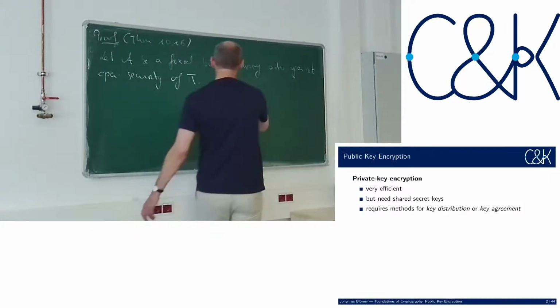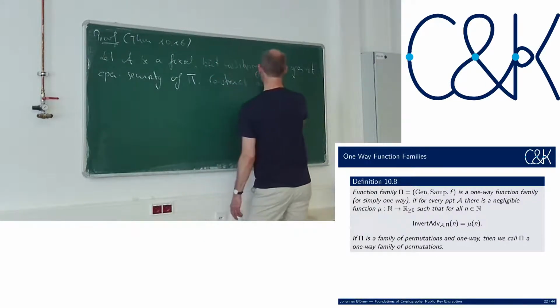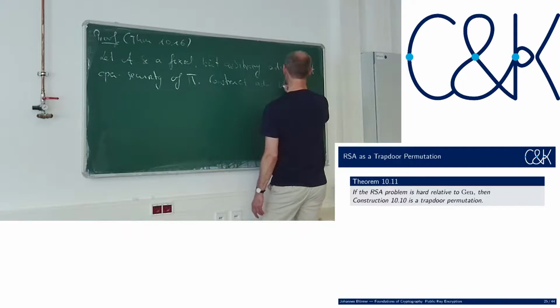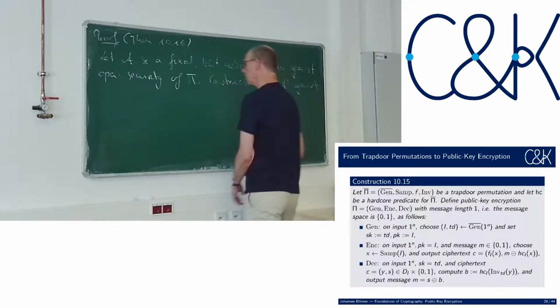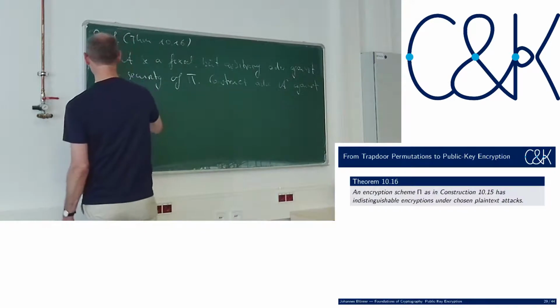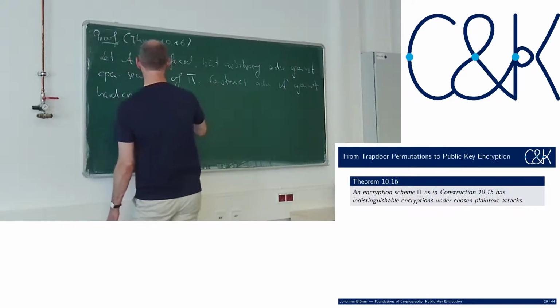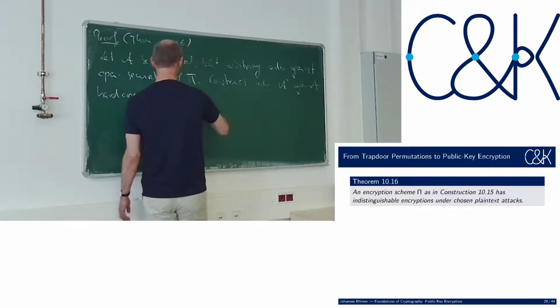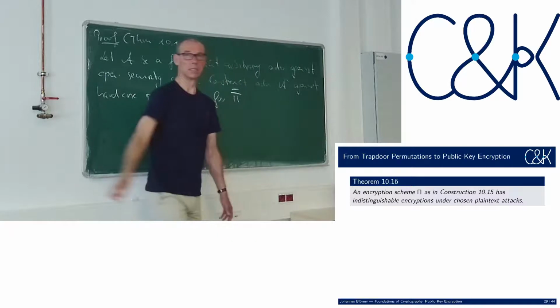Construct adversary A prime against hardcore predicate HC for pi 1.